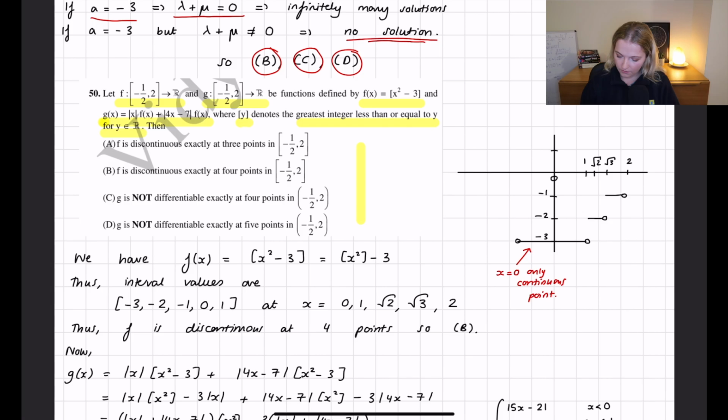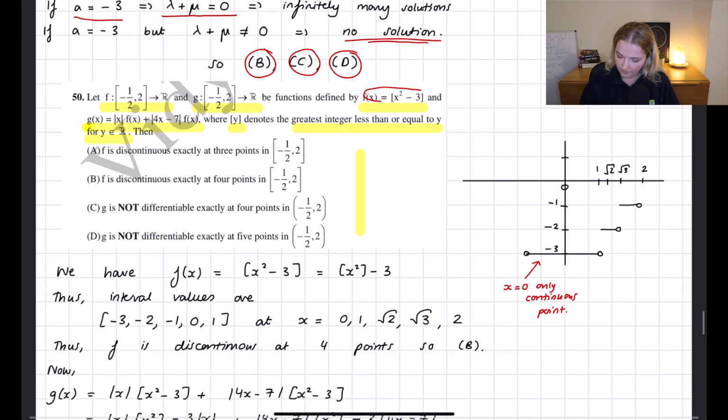Firstly, we can look at the condition for f of x here, and we can rewrite that in terms of this here. And if we look at the values for f, from where the interval is for f, given by this in the question, the interval values are given by these here, and that is at these values of x here.